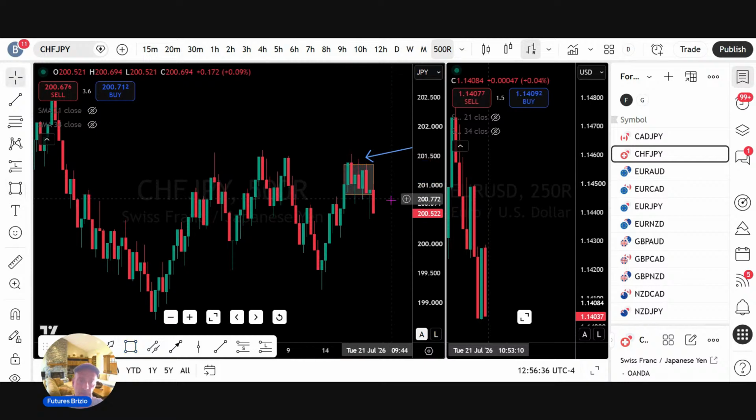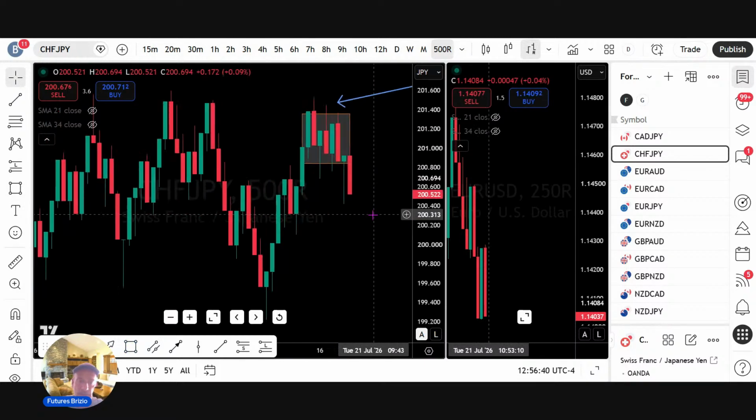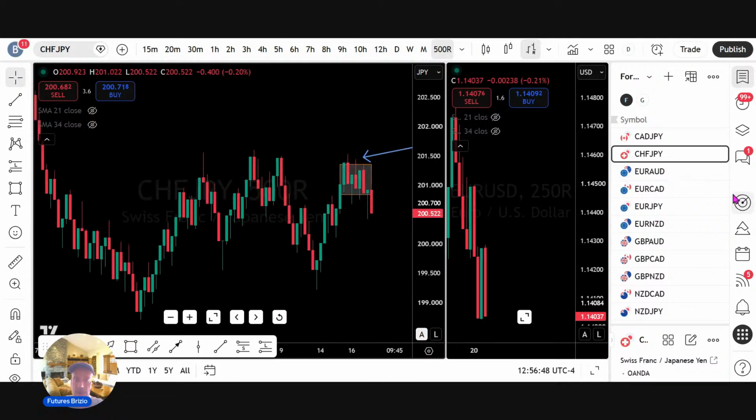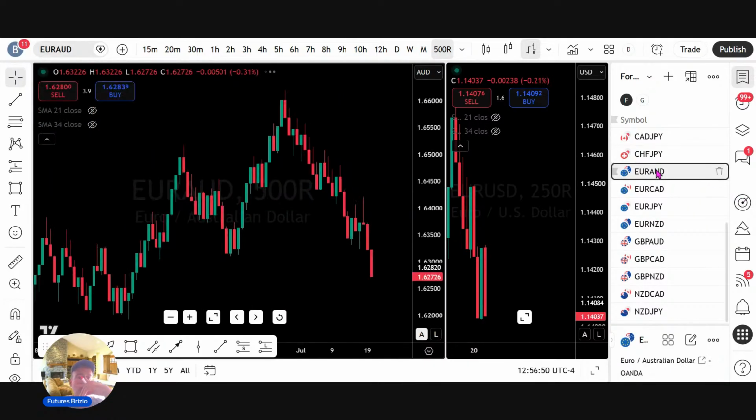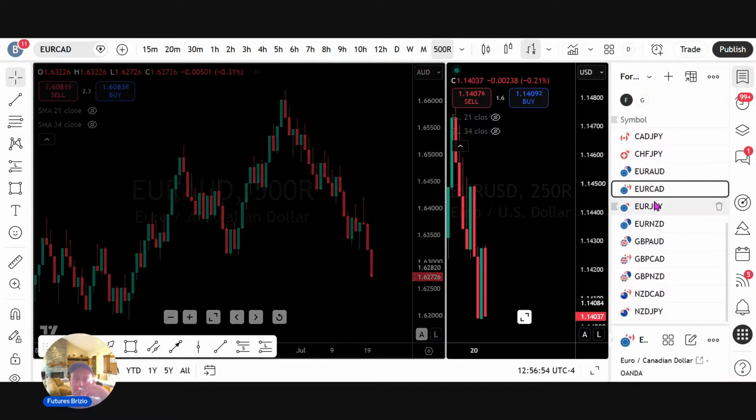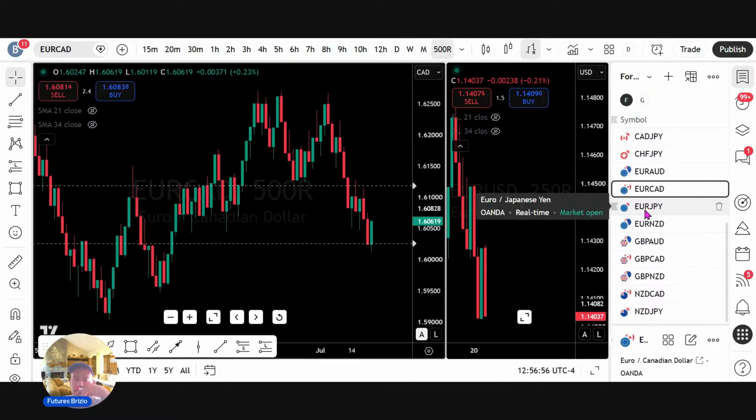And we broke out of that on this candle. Now we tried to go lower on this one right here and then popped back in the range, but then it came back with this one. So at that point I took the short. So I am short on that one. That's actually the only open position I have. I might be in the pound Canadian too, but let's see when we get there.